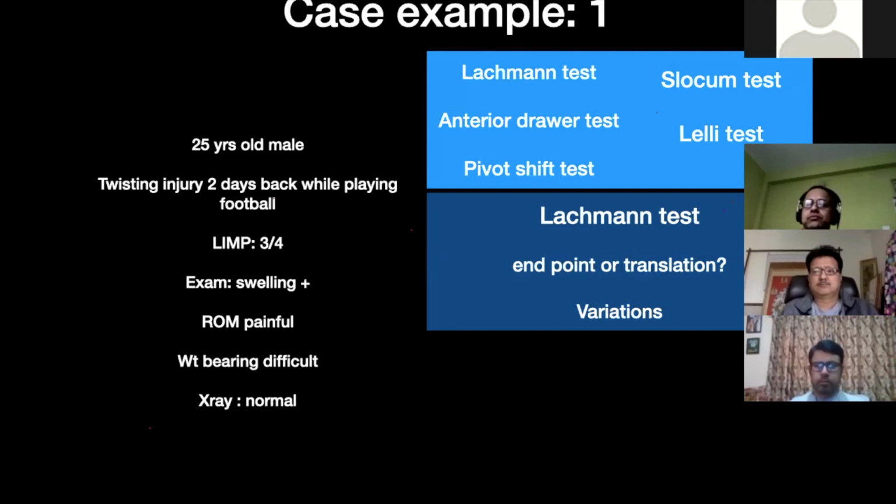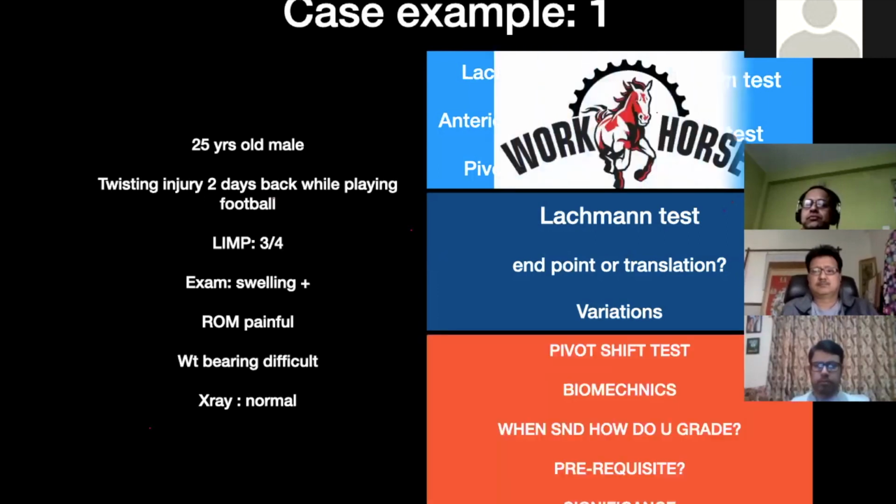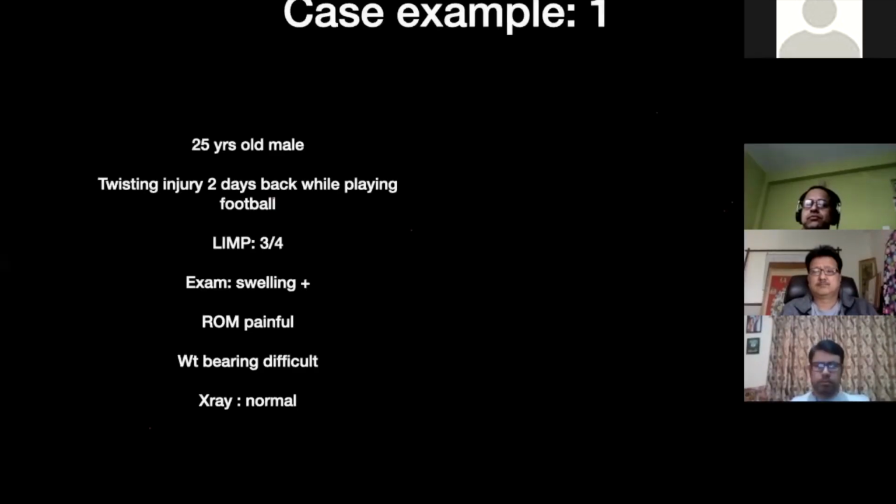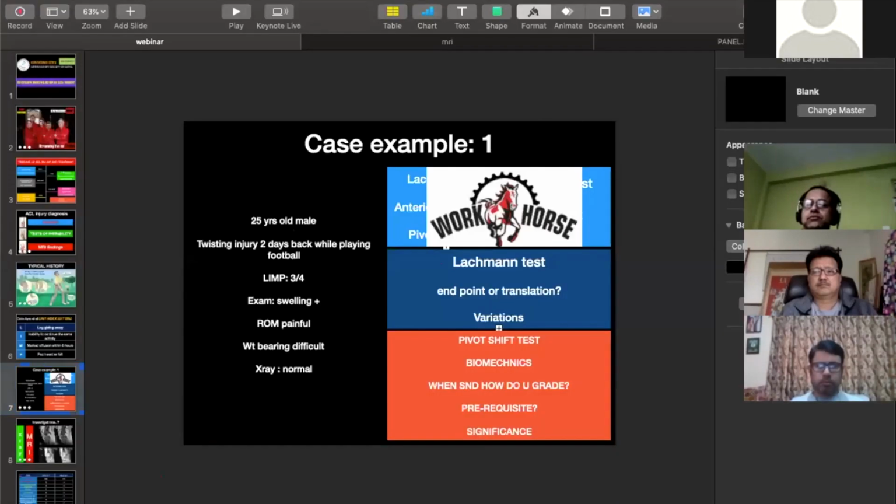Suppose someone is having a good 90 degrees, painless, then you can think of eliciting some other tests also. But if the range of motion is just limited to 5 to 10 degrees and it is severely painful, probably certain clinical examination is going to be limited in this particular case.